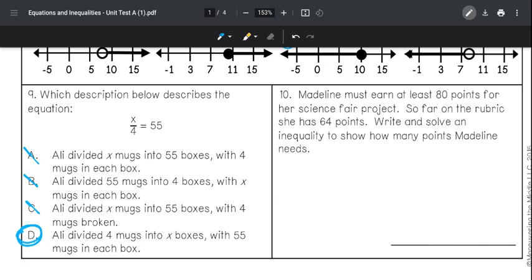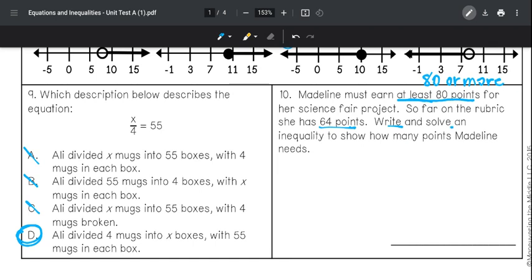Number 10, Madeline must earn at least 80 points for her science project. At least. So I'm saying she has to have 80 points or more in order to pass her science project, okay? So far in the rubric, she has 64 points.